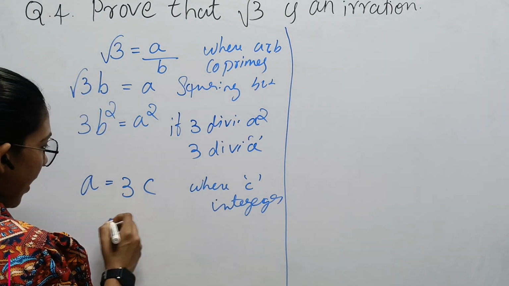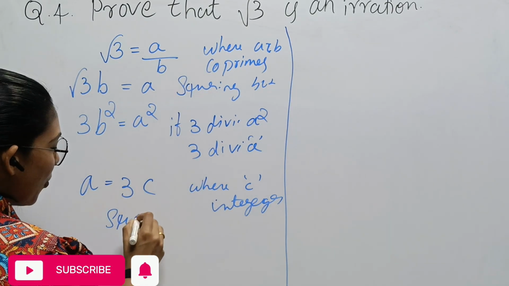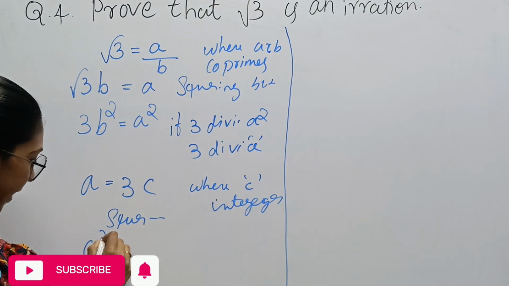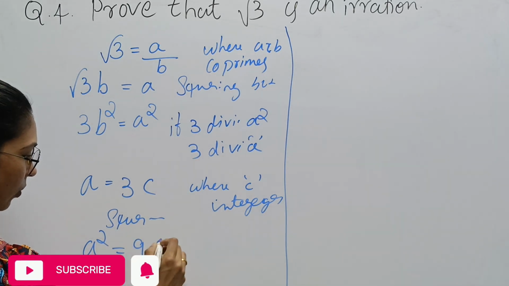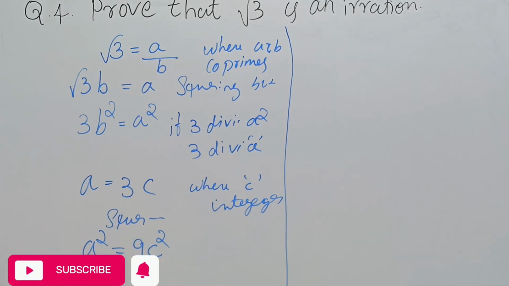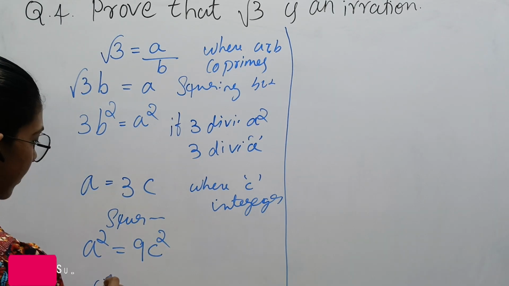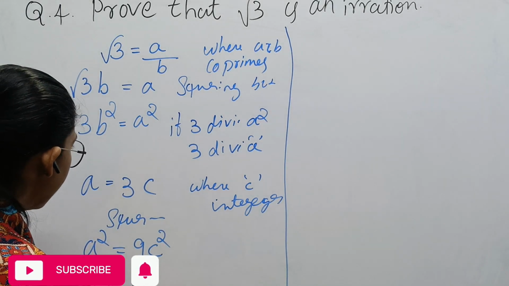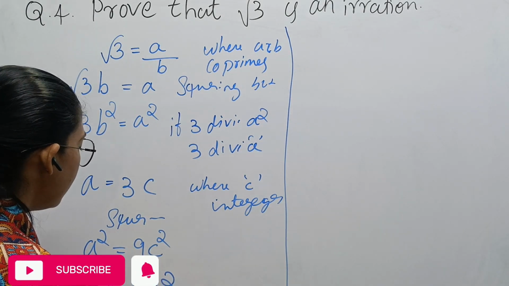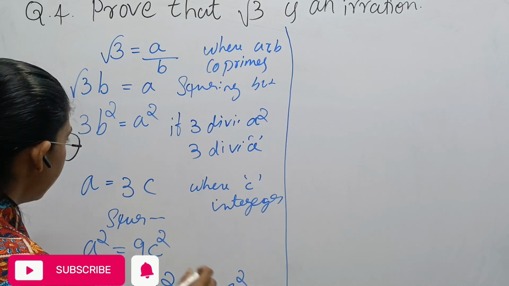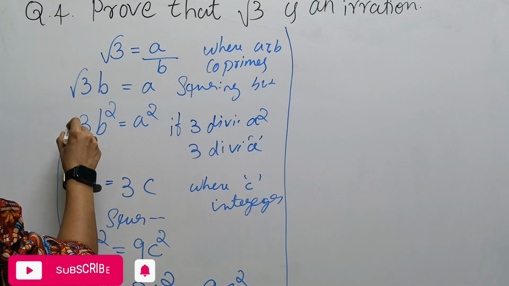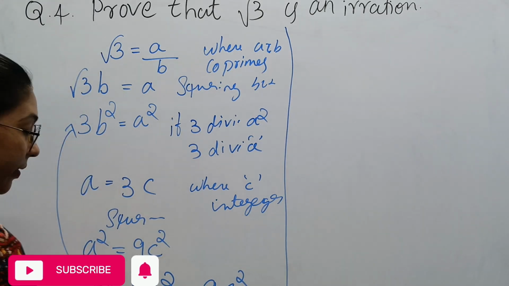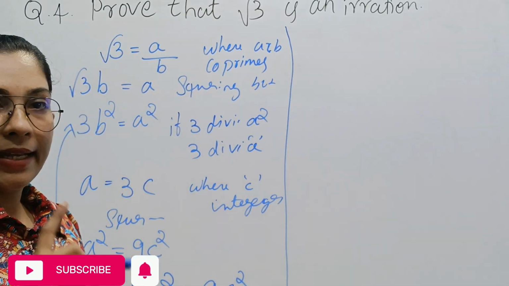Okay. Again, squaring on both sides, we get a square is equal to 9c square. Substitute this value in this equation. We get 3b square is equal to 9c square.